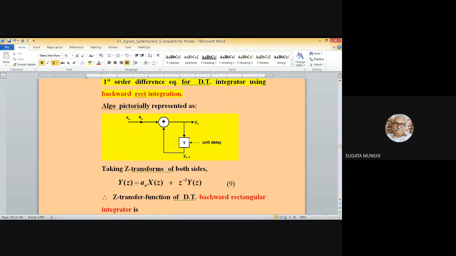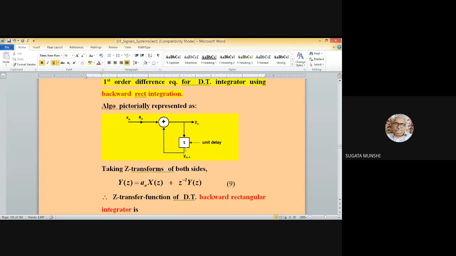Every unit delay element represents a storage, a memory location. If there is a single unit delay element, a single value of the sequence that appears at the input is kept stored here. So what is kept stored in this case will be the already computed output value at the immediate past sampling instant.